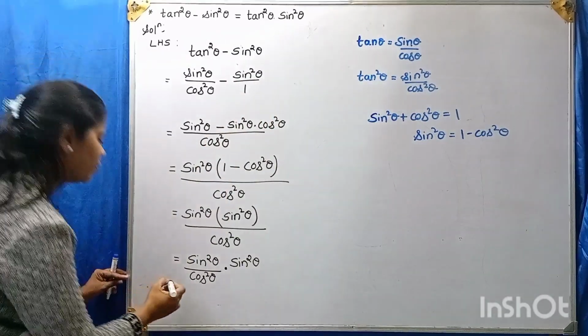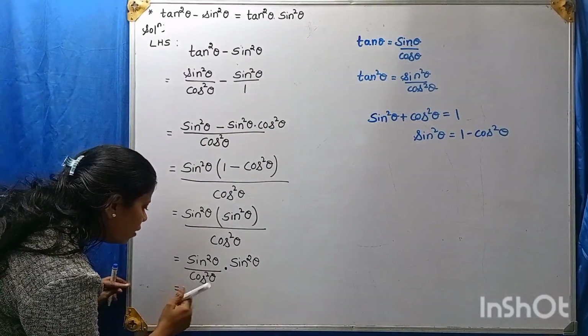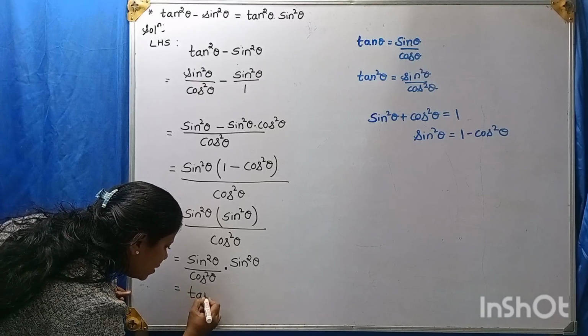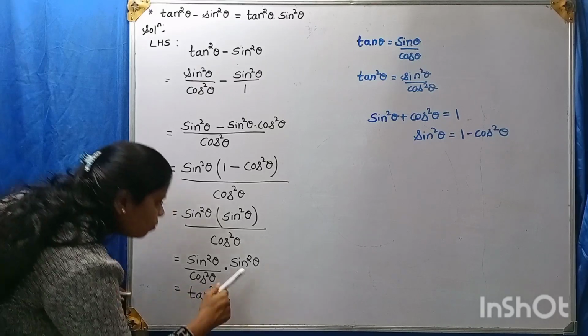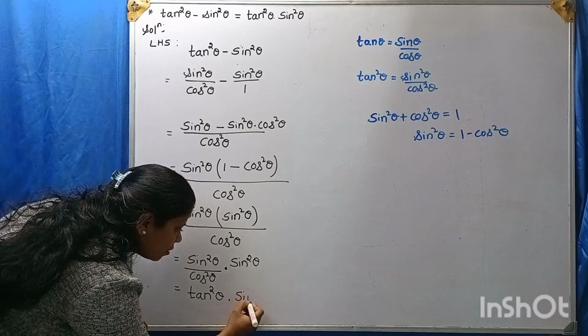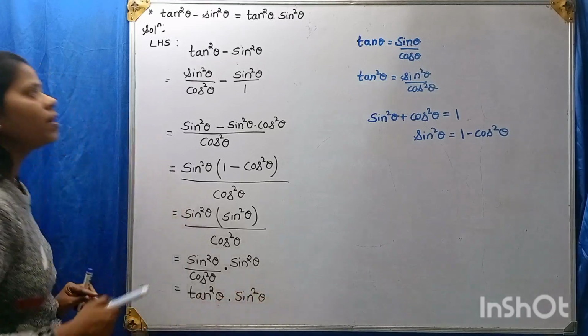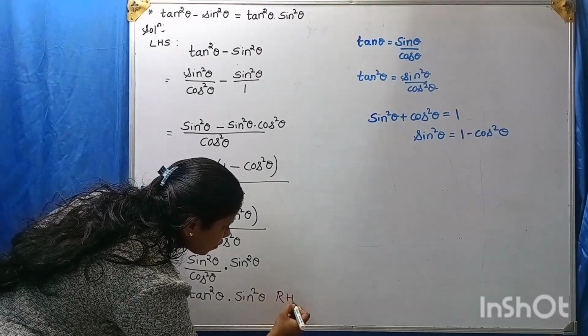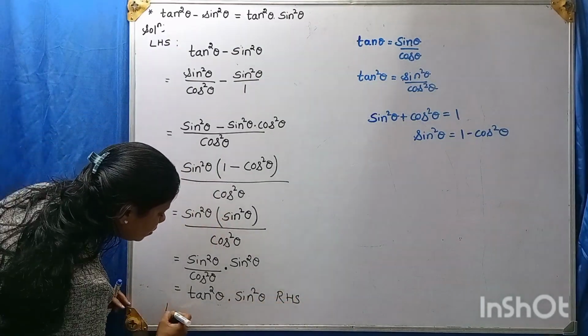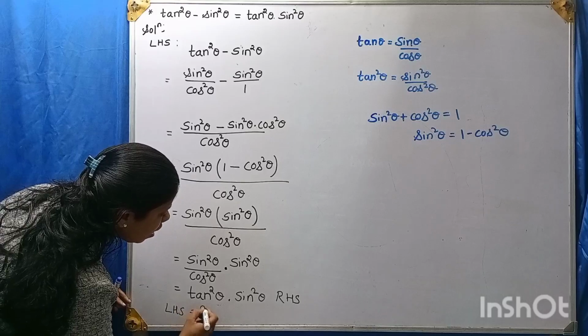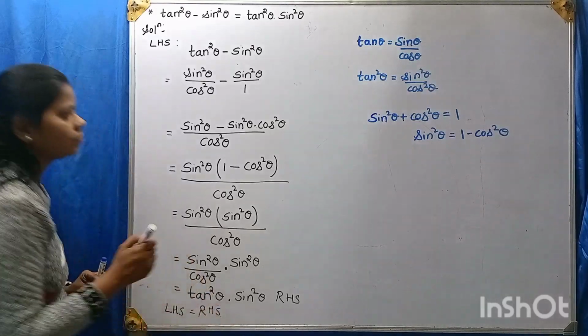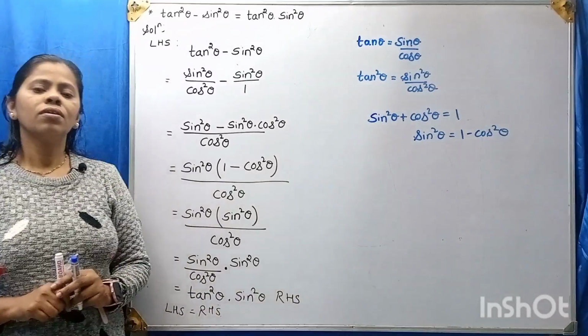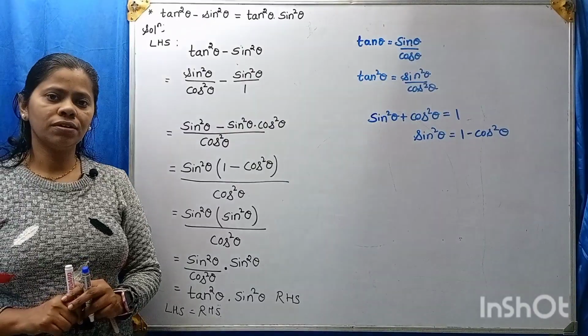Tan square theta. Therefore, this one I will write it as tan square theta into sin square theta. That is what our RHS, right? We have proved that LHS is equal to RHS. Hope you have understood. Thank you.